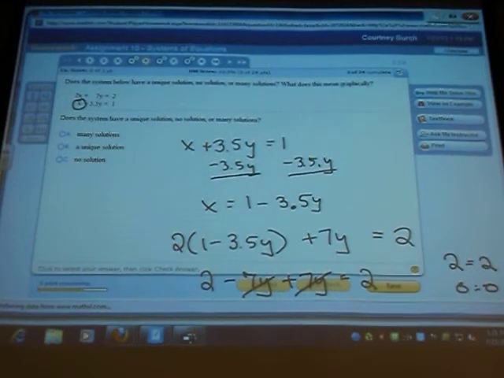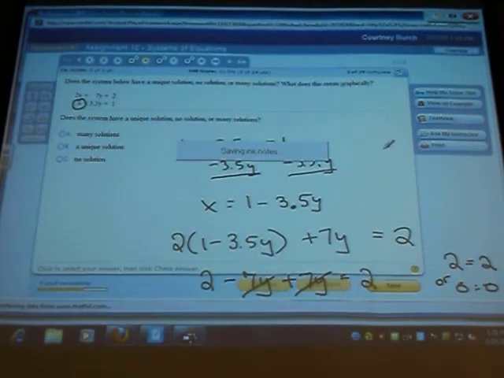Now which case is it when I get 0 equals 0? The overlapping one? Yes, the overlapping equations, the same equation. Basically, one equation is just a constant multiple of the other. So if I took my first equation and divided it by 2, I would get the second one.